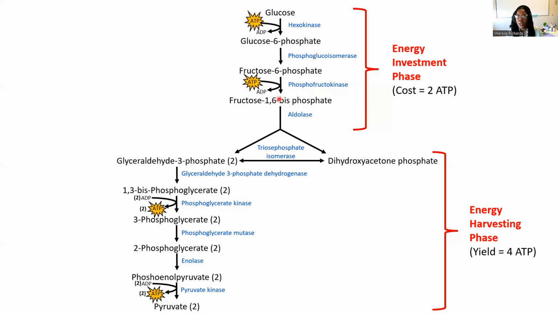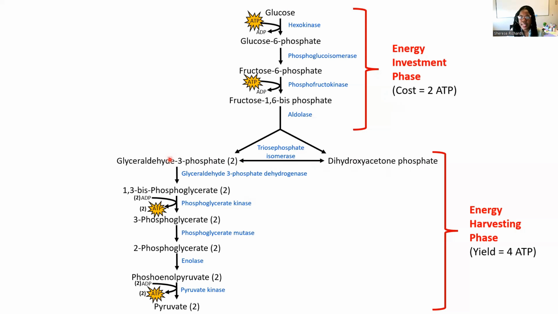And so this is why, although we yield 4 ATP total, we're only yielding 2 net ATP, because we had to put 2 in to begin with. So the energy investment phase is the first 3 steps of glycolysis. We had to put 2 ATP molecules in, 1 to undergo the first reaction, 1 to undergo the second reaction. And so it costs us 2 ATP up front just to get glycolysis started.